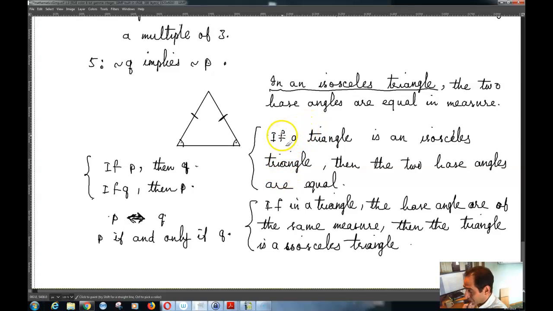Because what I'm saying here is that if a triangle is an isosceles triangle, then the two base angles are equal. And over here, what I'm saying is that if the two base angles are equal, then the triangle is an isosceles triangle. So then these two are called the converses of one another. Okay?